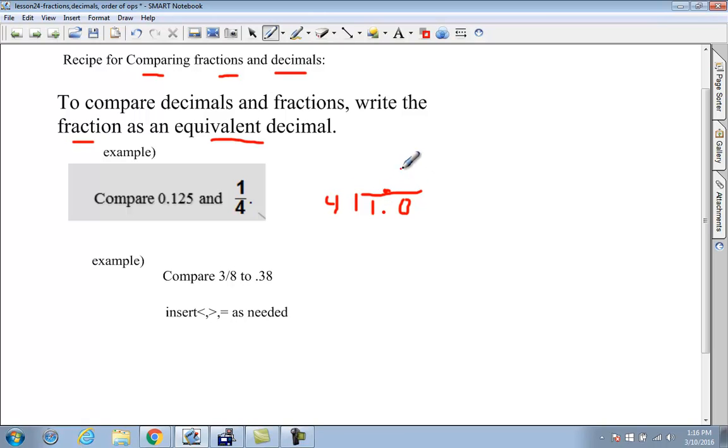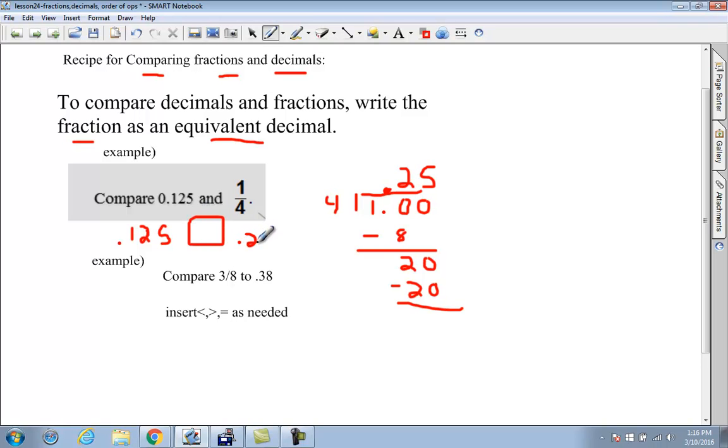So 4 goes into 10 twice. Draw the line and subtract. Bring down a trailing 0. 4 into 20 goes 5. And now I see that it terminates. So I see my 0.25. So what I'm really doing is saying, okay, 0.125 blank, I'm going to leave that blank, 0.25.